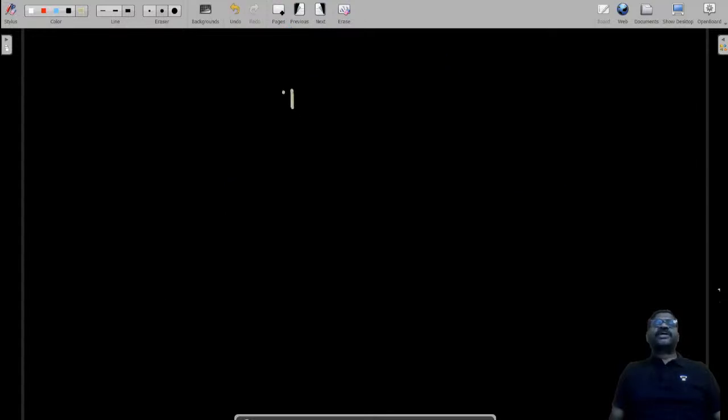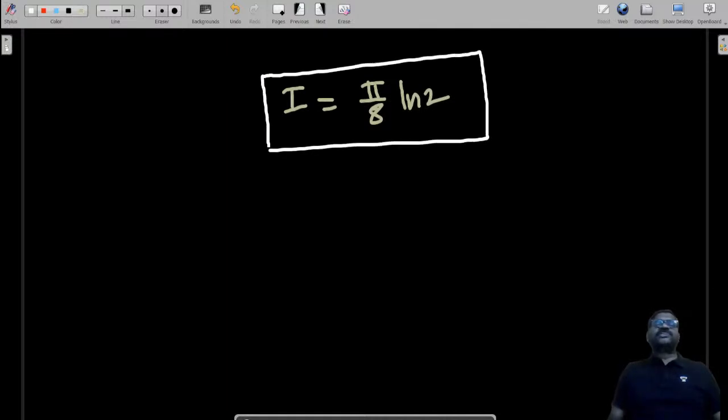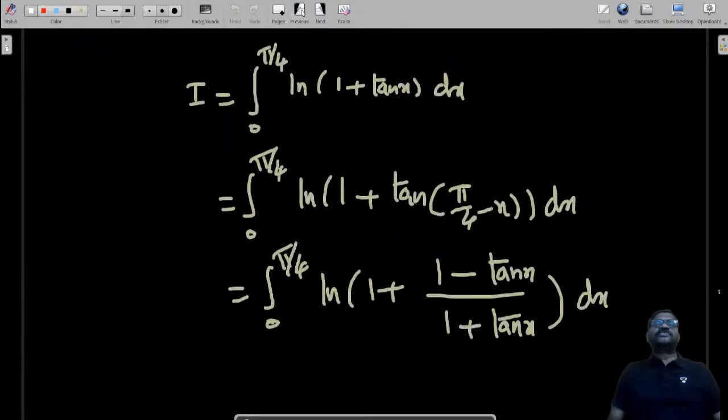The value of the integral is π/8 log 2. Finally, the value of the integral is π/8 log 2.